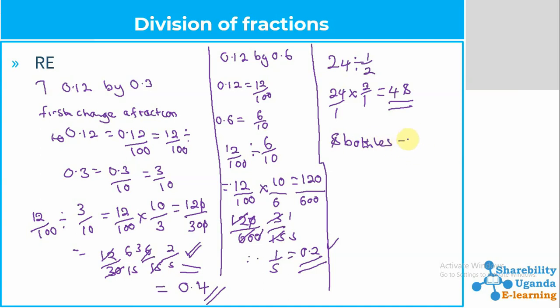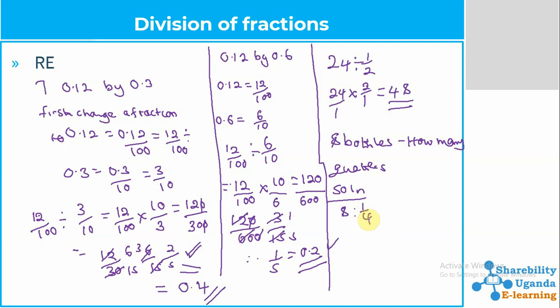Then they want us to find how many quarters are in 8 bottles. So here we say our solution should be equal to our 8 divided by a quarter.